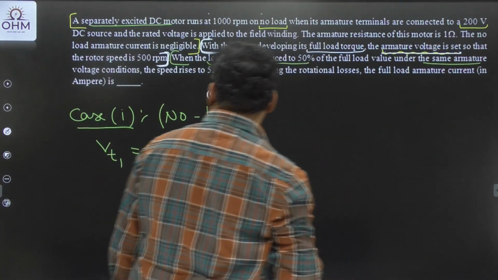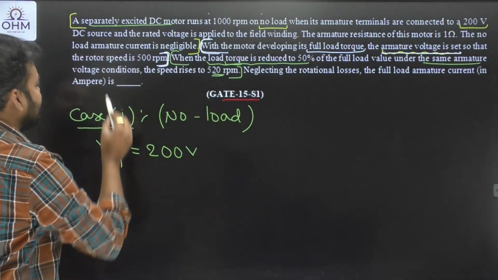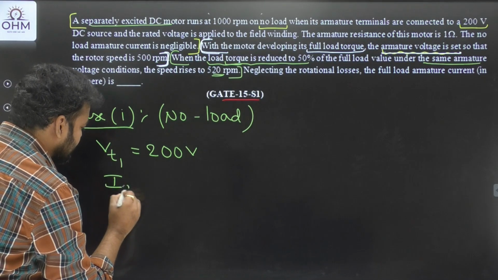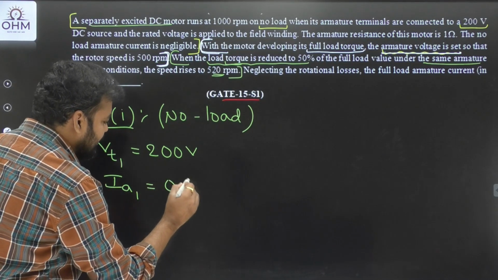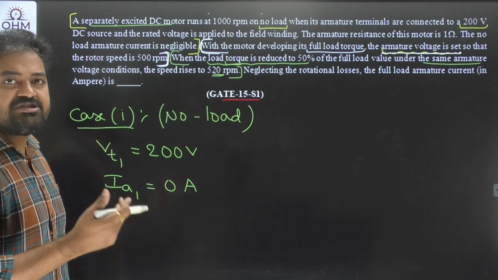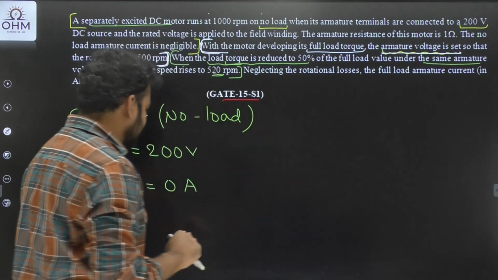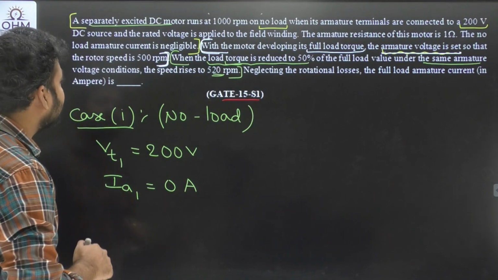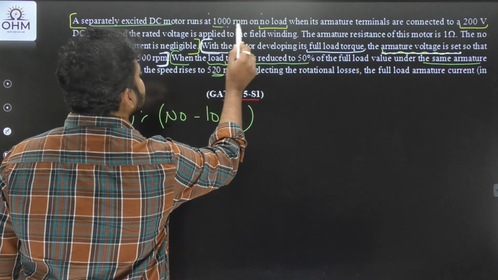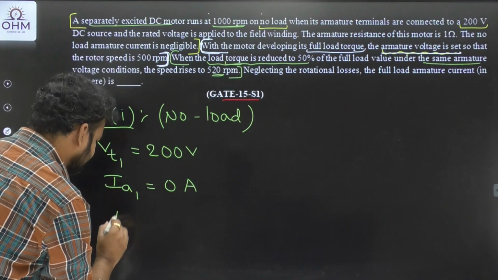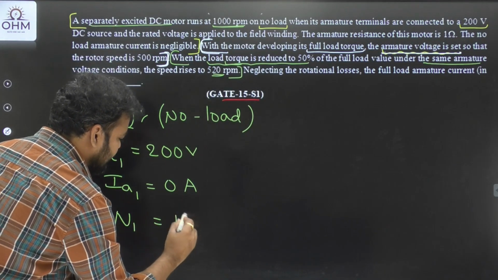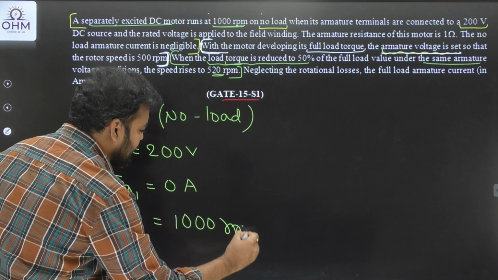The no load armature current is neglected. We know the armature current drawn under no load condition is very small. That can be neglected because rotational losses are neglected, right? That's why the no load armature current is neglected. And what is the speed at which the machine is rotating? 1000 RPM. The rotor speed is equal to 1000 RPM.